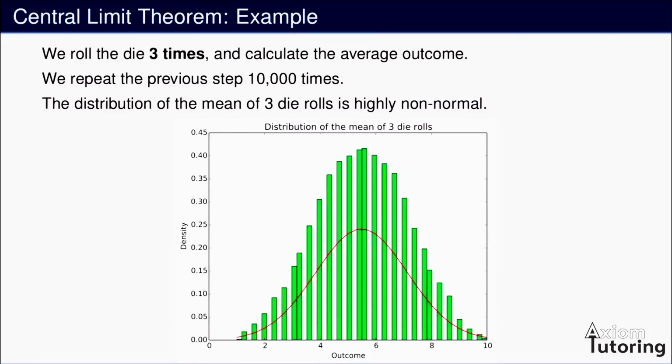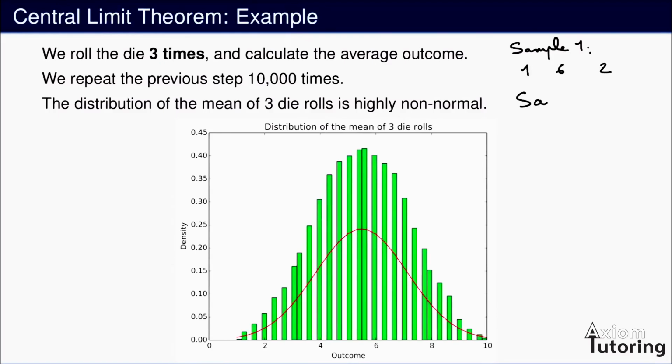So now, let's say we roll the die 3 times and calculate the average outcome. And we repeat this previous step 10,000 times. Now, this is the distribution that we get, okay? So remember, what I'm calculating is the average from my sample of 3. So for example, in my sample 1, I might get 1, 6, 2.